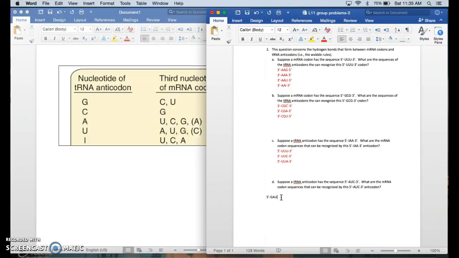So 5' G, A, and U, 3'. 5' G, A, and C, 3'. And 5' G, A, and G, 3'. And those are the answers.